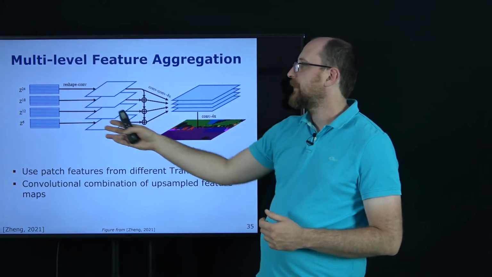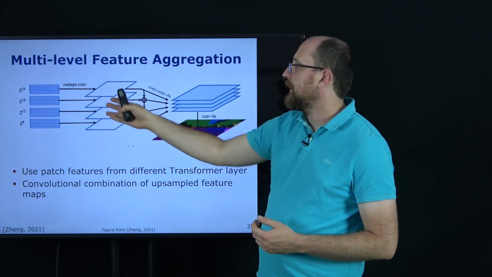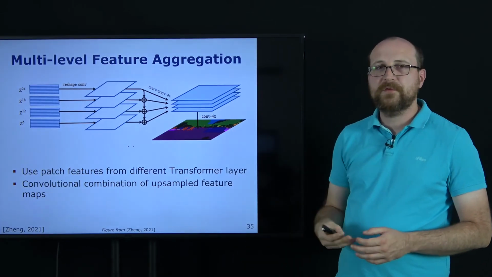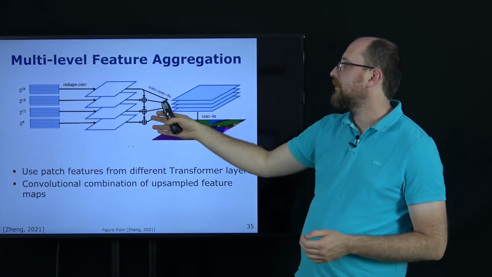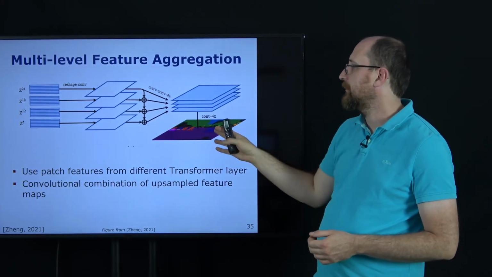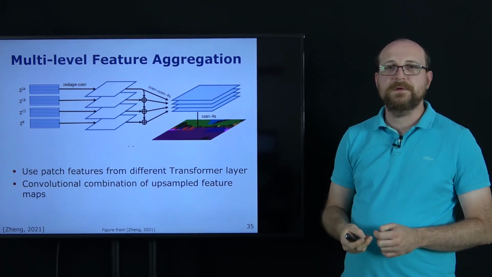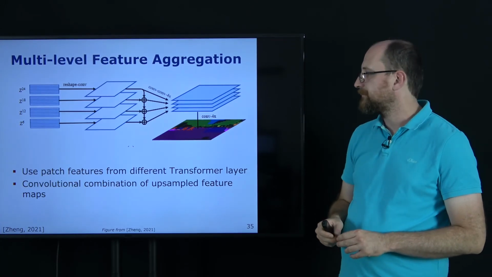For this, they again reshape the features into the image representation, so that we have basically patch features, and then they combine them similar to the feature pyramid networks, and then upsample them to the desired image size to get the pixel-wise class distribution in the end.